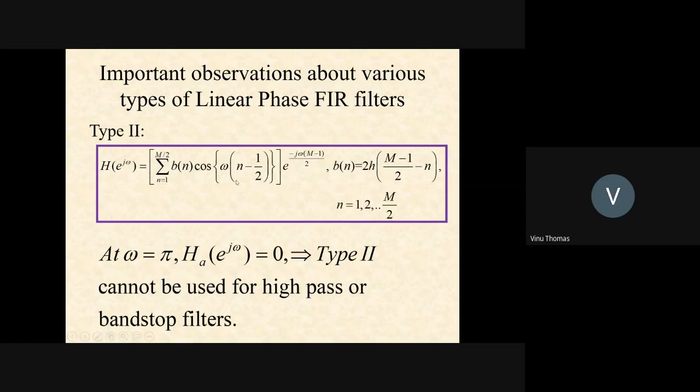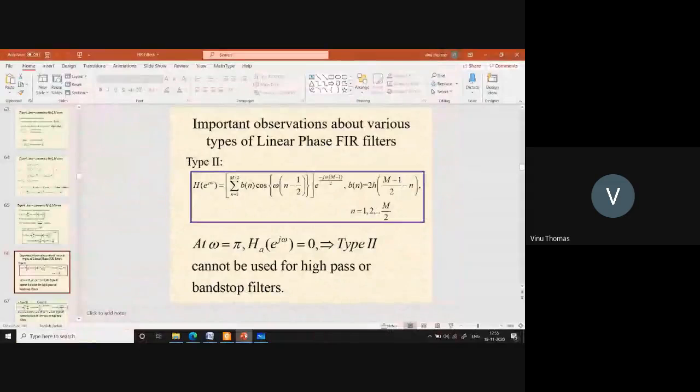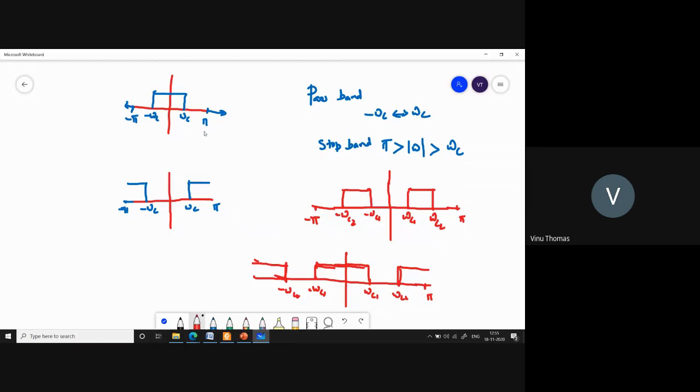So definitely for type 2, the amplitude response vanishes to 0 at plus pi and minus pi. For low pass filters, it is okay because it has to vanish to 0 at plus pi and minus pi.